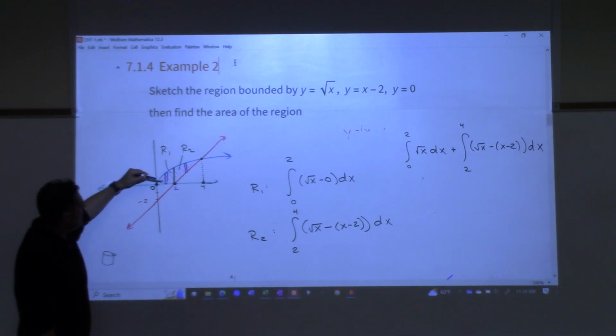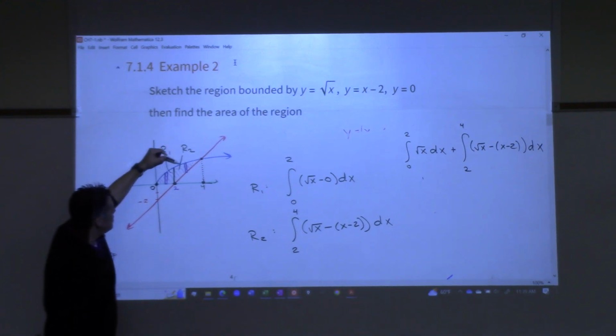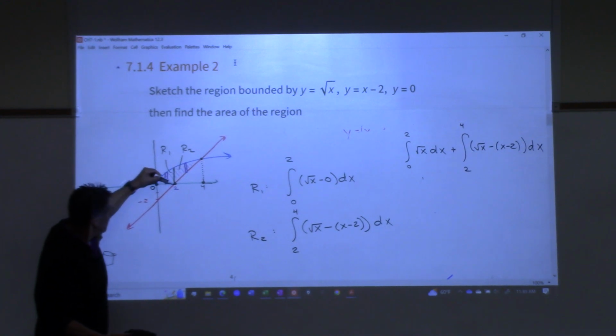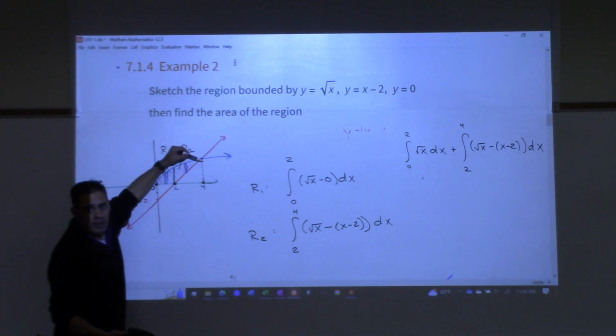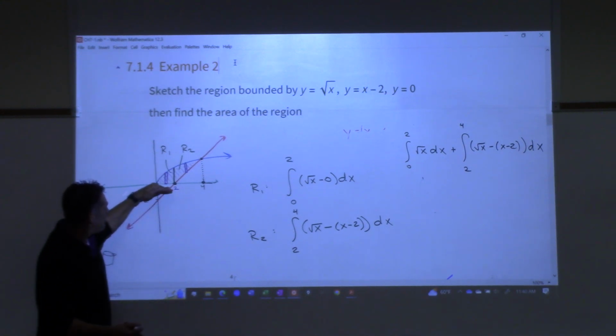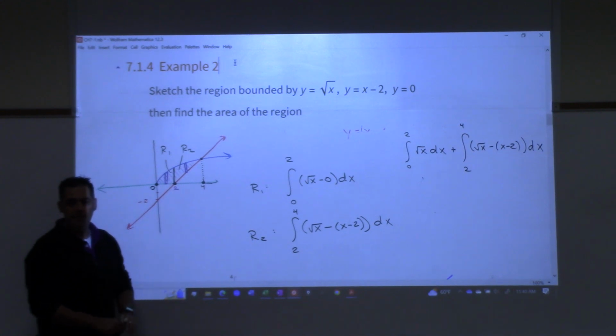Well, I needed to see where, no matter where I am in this region, the blue is always the top one, right? The reason that I stopped at 2 is because I wanted to know where the bottom function changes. Here it's the green and then here it changes to the red. Oh, okay. Right? So I'm looking at where that change occurred on my bottom function. That's what dictated where I cut it. Okay, that makes sense.